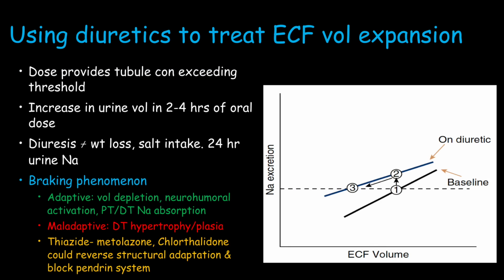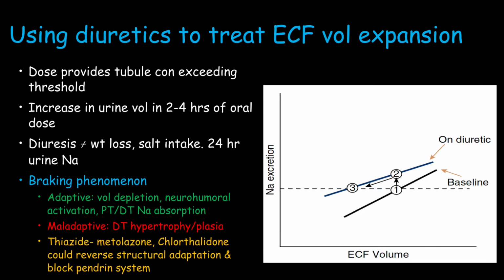Let's see what happens when you start treating somebody with ECF volume expansion with loop diuretics. The first dose gives you maximum natriuresis. Subsequently, there is a braking phenomenon whereby with subsequent doses you don't have that much natriuresis and you don't lose that much weight and body water.